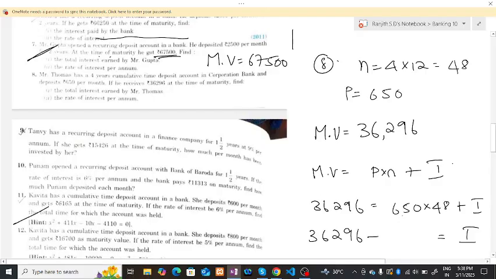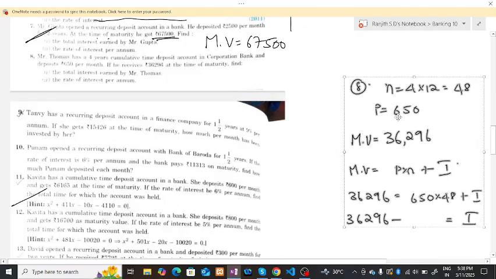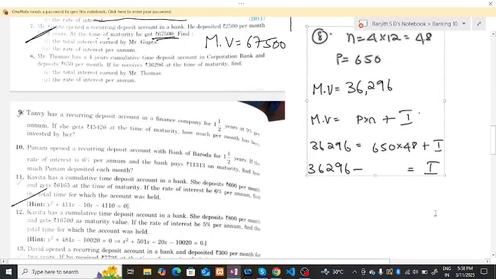36,296 minus. What's the answer for 650 into 48? 31,200, sir. 31,200? Yes, sir. 31,200.